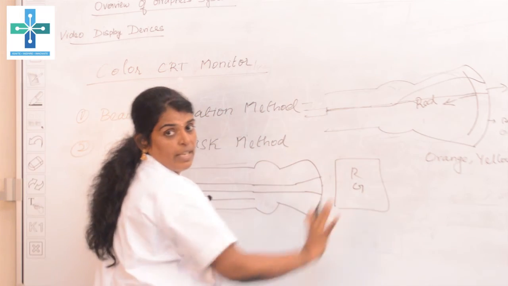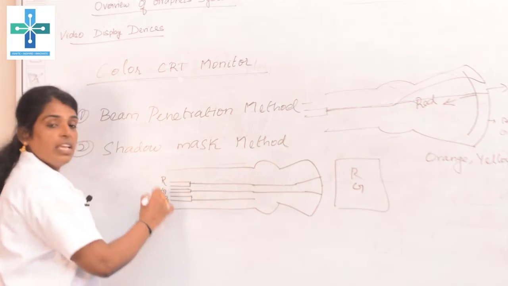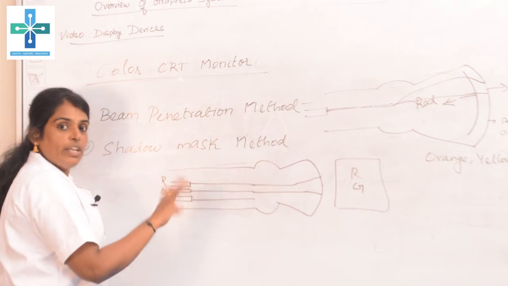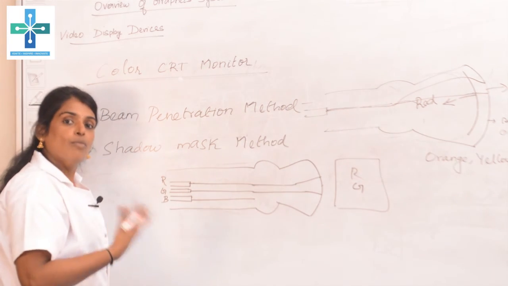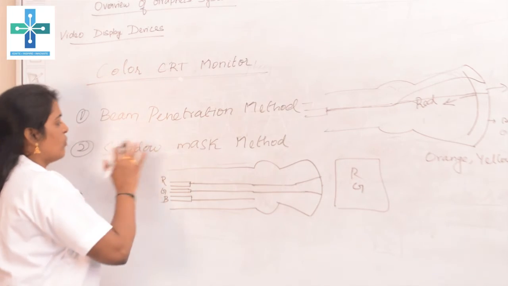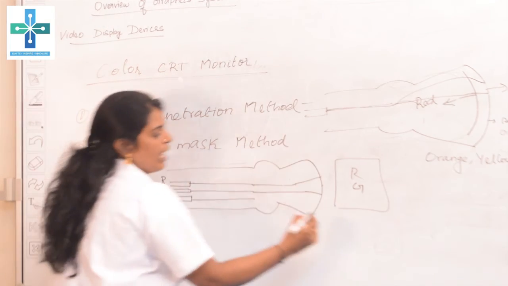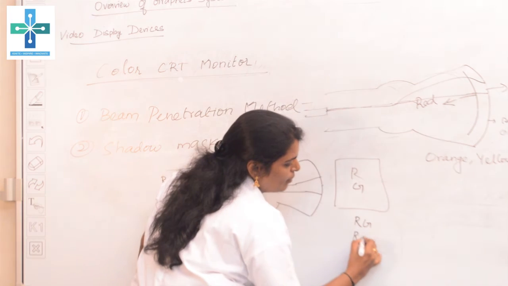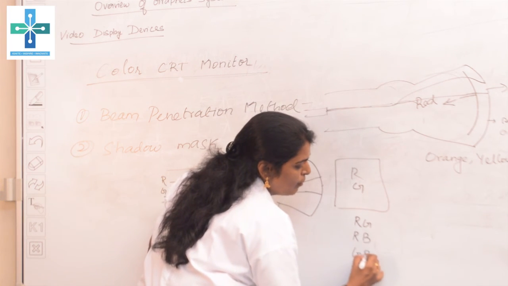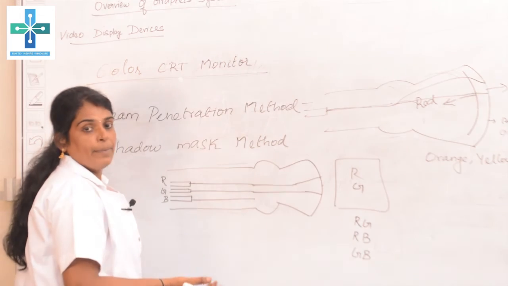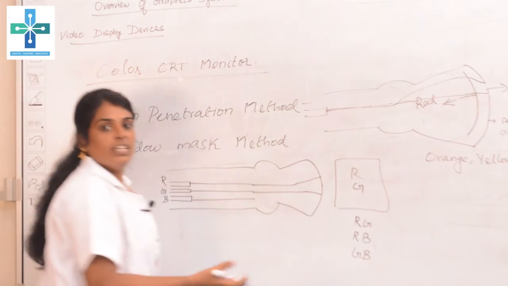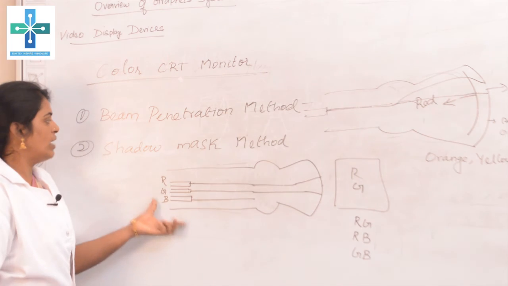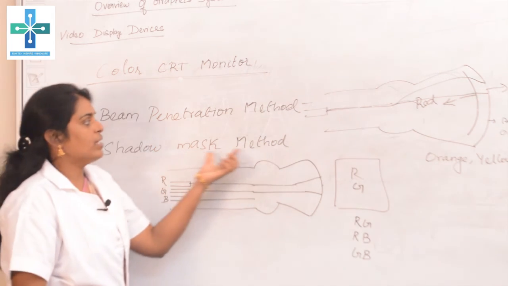If blue, blue will be displayed. As we are having three colors, the combination of any two or any three will produce more colors. That is the main advantage of this shadow mask method. Either a combination of red and green may appear, red and blue may appear, or green and blue may appear. Anything can appear, so these will be producing different colors.